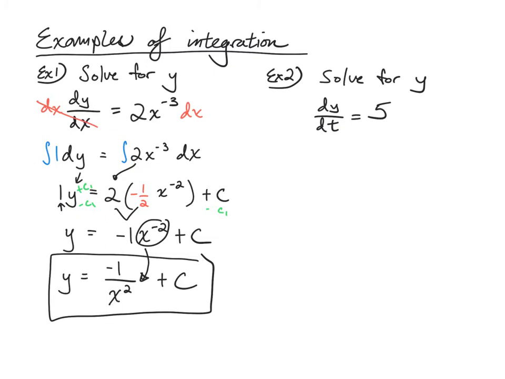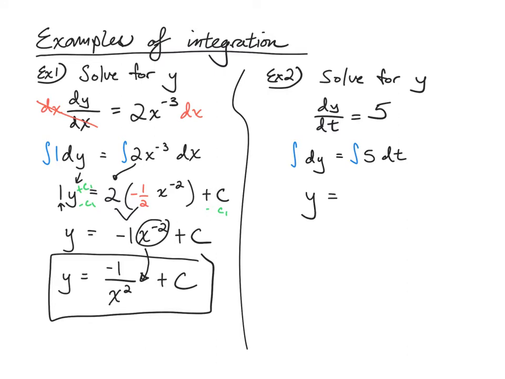For example 2, we can solve for y. Well, that means first we need to multiply by dt. Then we need to find the antiderivative of each side, and again, the left side will turn into y.